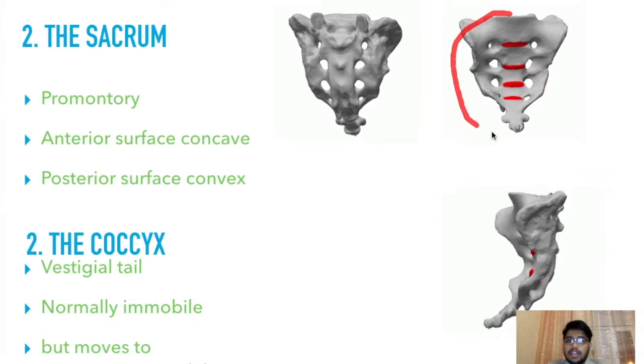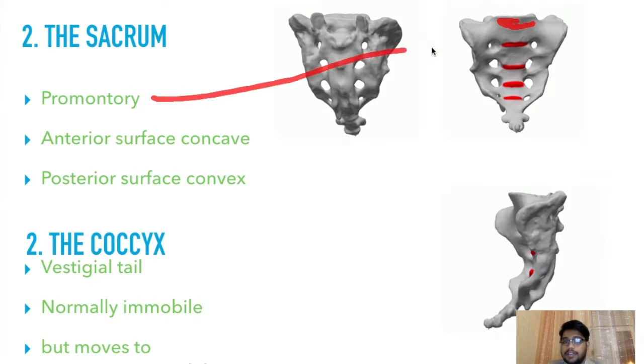As you already know from the basics of your anatomy, these are the 5 vertebrae which are fused together and a closed bone is formed, which is called a sacrum. The outward projection of the first sacral vertebra is known as promontory. So this is the promontory.